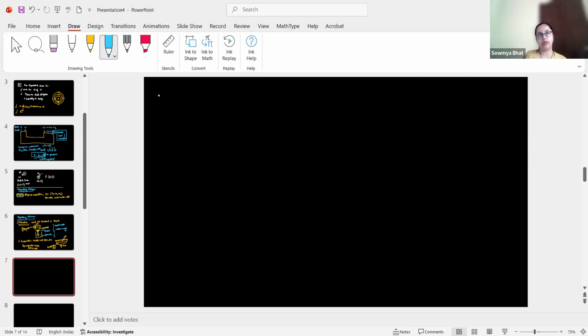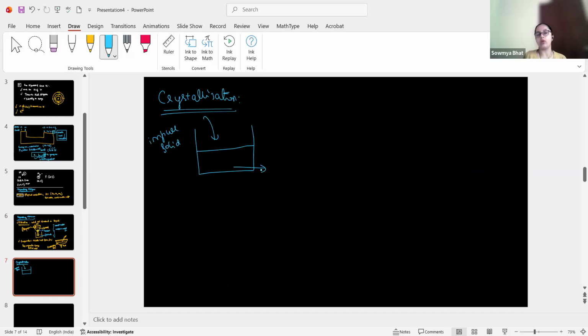Crystallization. You follow part of evaporation, like if there is some impure solid, you have to convert it into pure solid. You pour this impure solid into hot water, or you can keep water and make it hot.